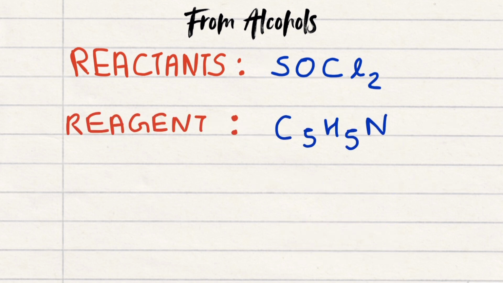This one is said to be really ergonomic and economically feasible in industries and for commercial purposes for generation of haloalkanes. This is known as thionyl chloride. Thionyl chloride, and the reagent which we are using is pyridine.